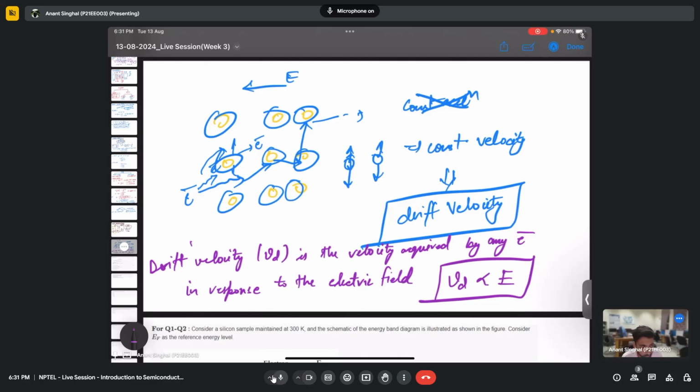Okay, so I'm assuming that there are no doubts in this particular topic. So let's move ahead. We have got to know about the electric field, the thermal motion and the drift motion of the carriers that we have.